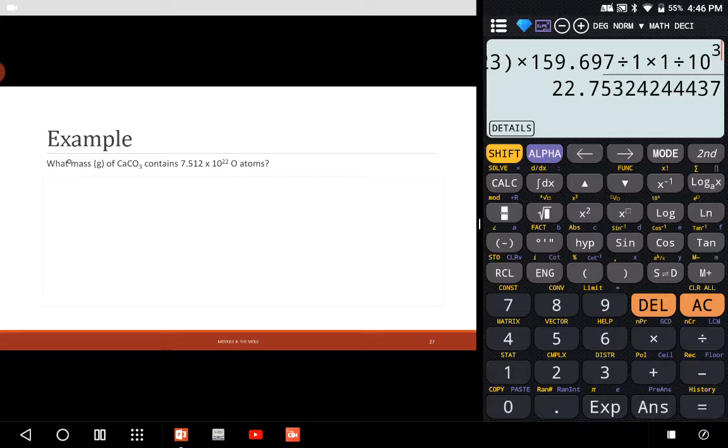This problem reads, what mass in grams of calcium carbonate contains 7.512 times 10 to the 22nd power oxygen atoms? And so I am given 7.512 times 10 to the 22nd power O atoms, that's a count.